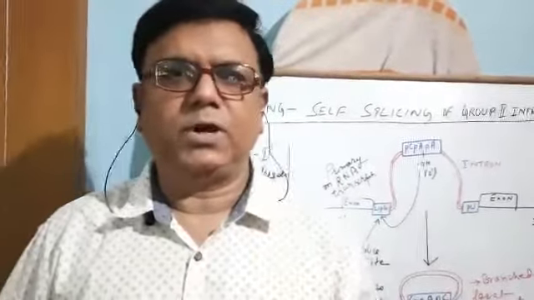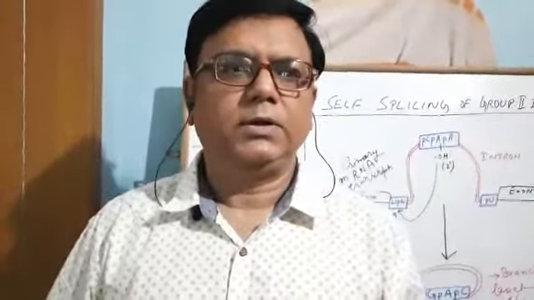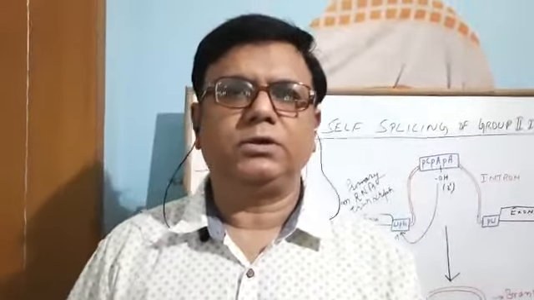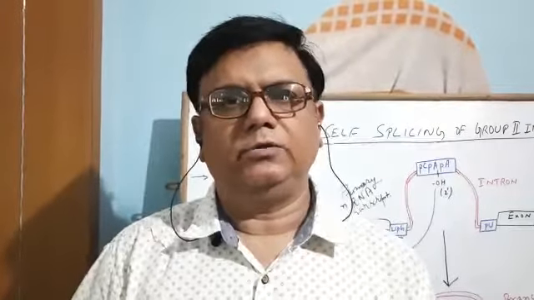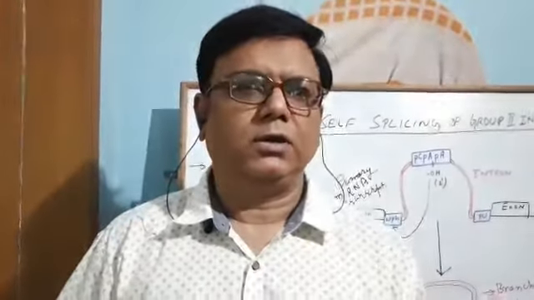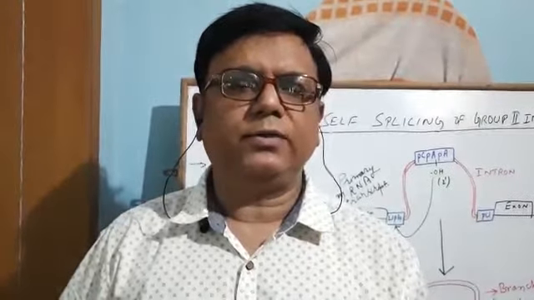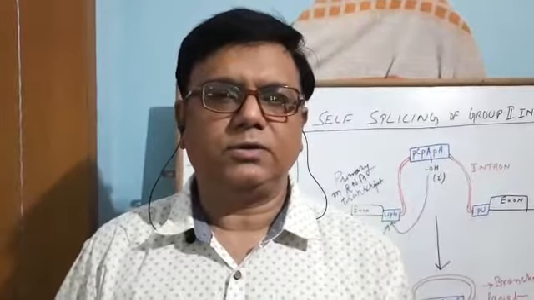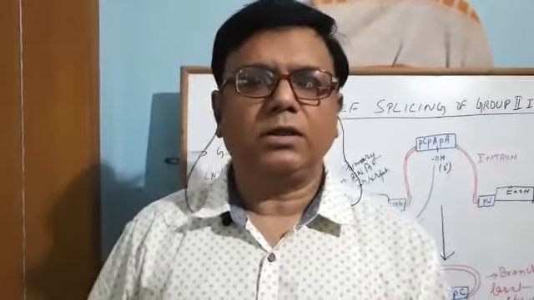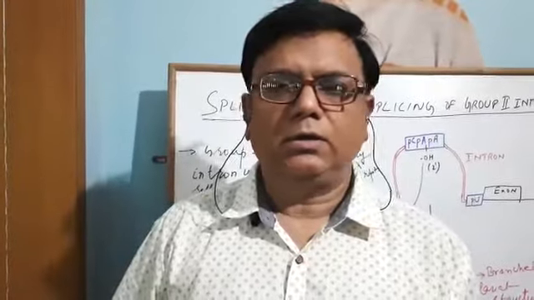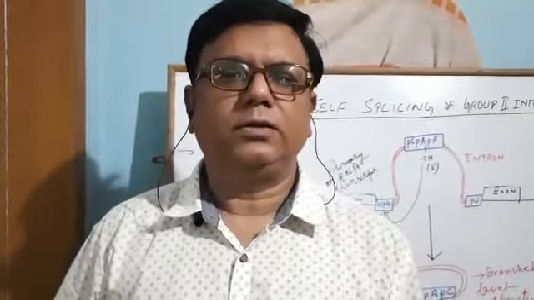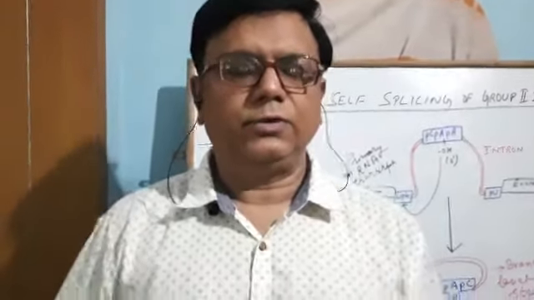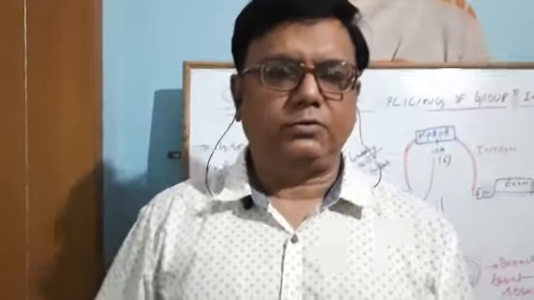You have the 5' end, you have the 3' end, and obviously when we are talking about splicing, we are talking about exons and introns. Exons are coding nucleotides within the primary mRNA transcript, and introns are the non-coding nucleotides which remain between the exons.